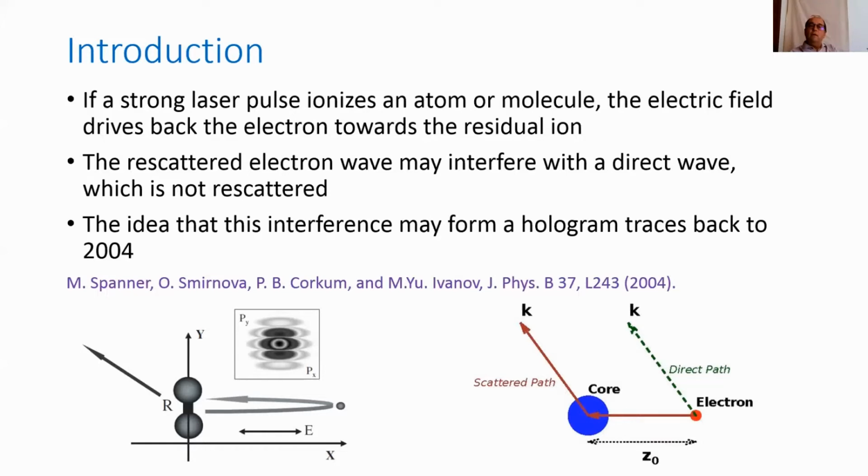The idea that this interference may form a hologram traces back to 2004 in a paper by Spanner and co-workers. They had this idea, and this picture is from their paper.